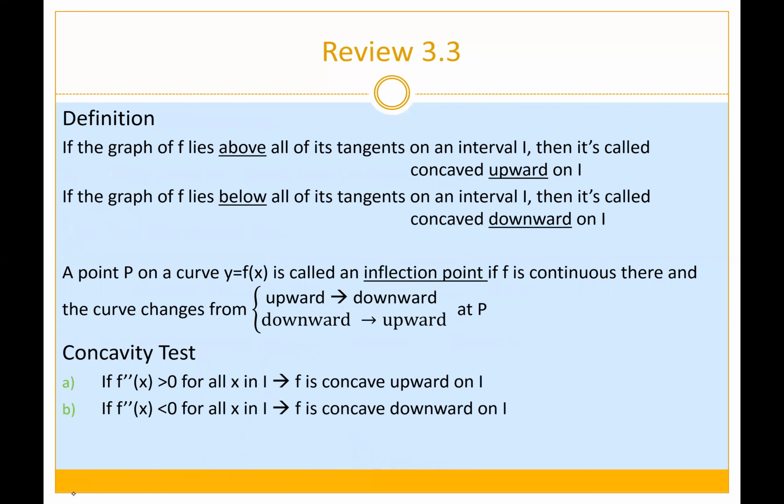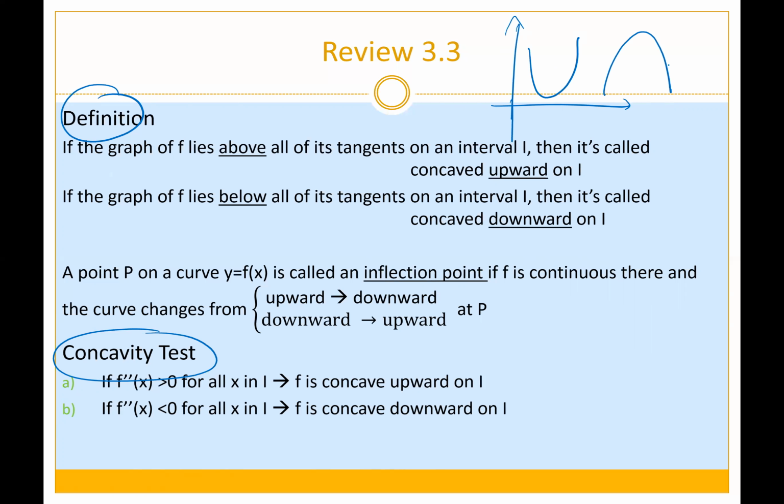Next, we have the definition of concavity and how we find inflection points. So we have the definition and the concavity test. If the graph of f lies above all of its tangents on an interval I, then it's called concave upward. Graphically, there are two kinds of concavity, a U shape or a reverse U shape.